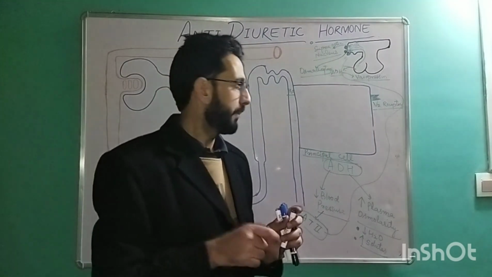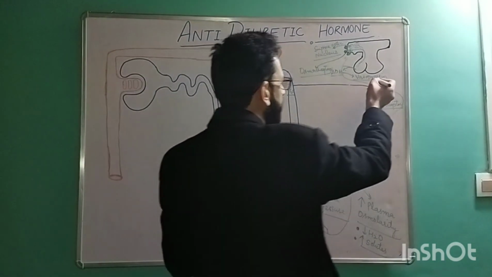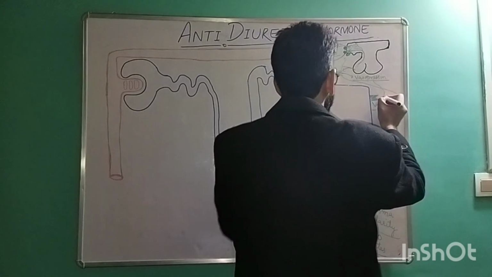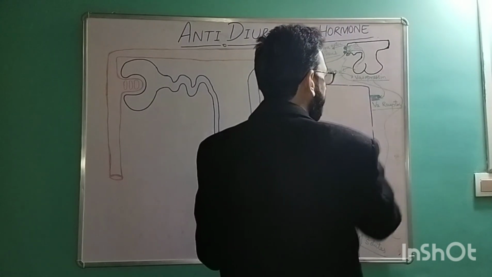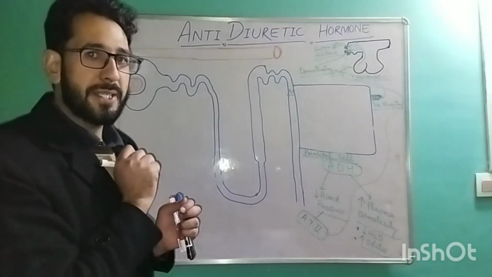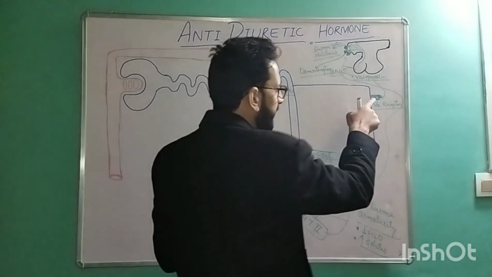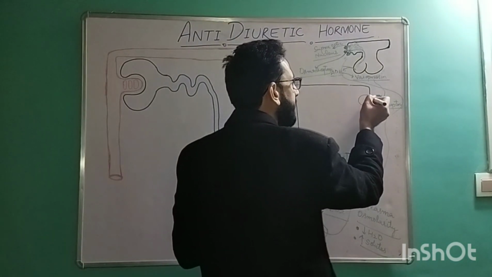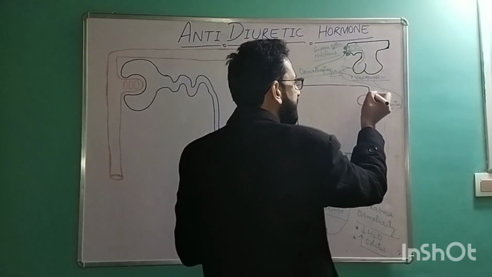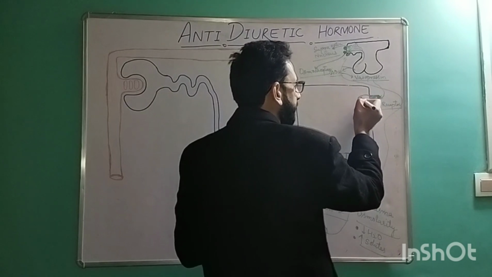Now this antidiuretic hormone, or vasopressin, comes and binds on this receptor. Once it binds on this receptor, it activates a protein inside called the G-stimulatory protein.